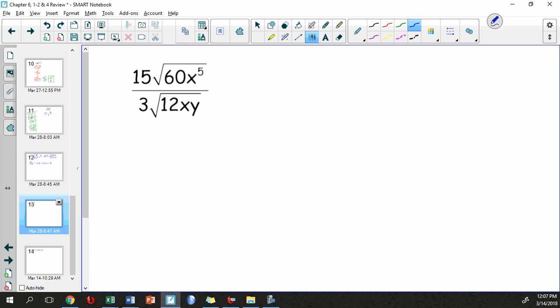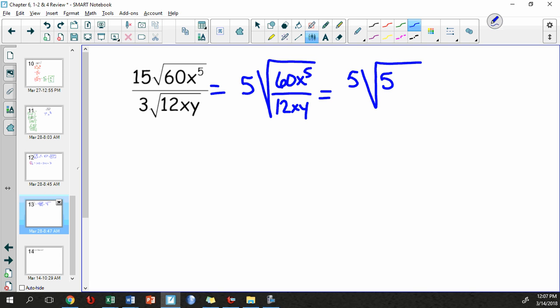Okay, what's 15 divided by 3? It is 5. Marry these and simplify as best you can. What is 60 divided by 12? It is 5. So now I have 5 up top. How many x's do I have in the top? 5 of them.